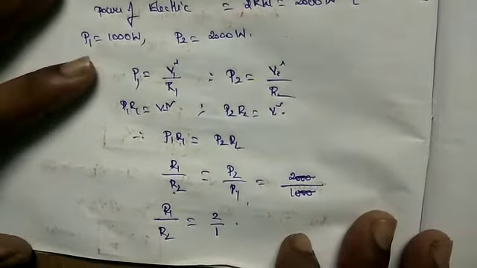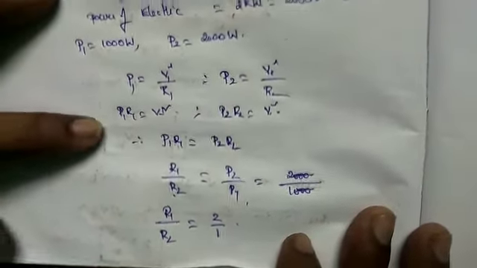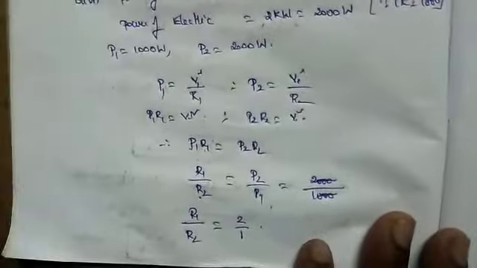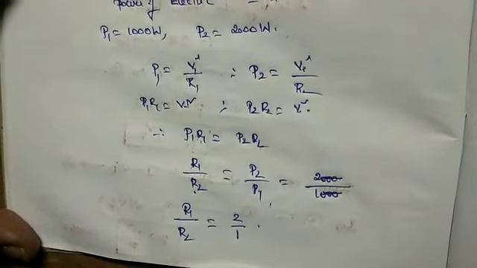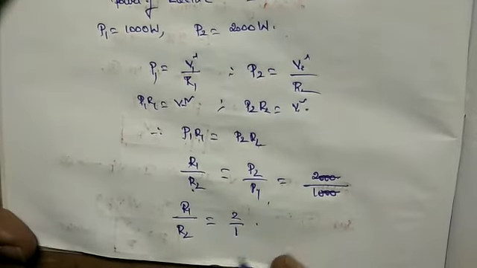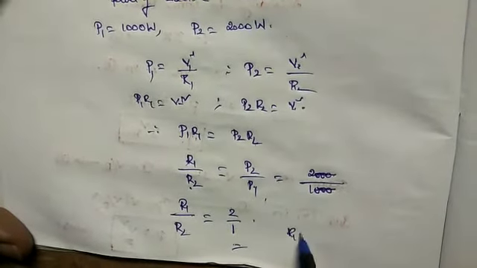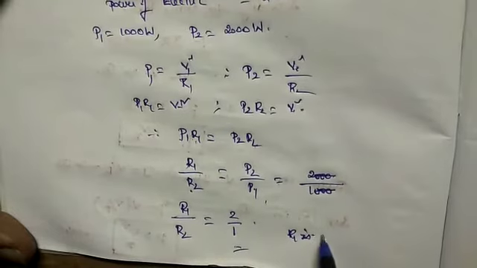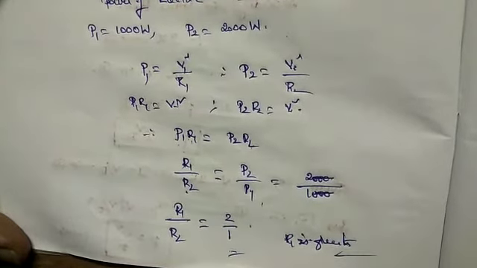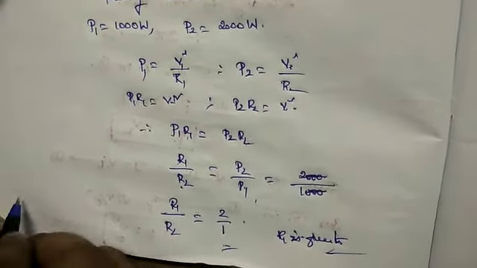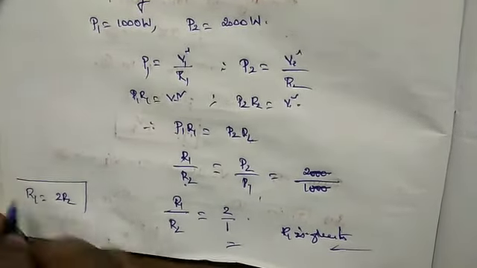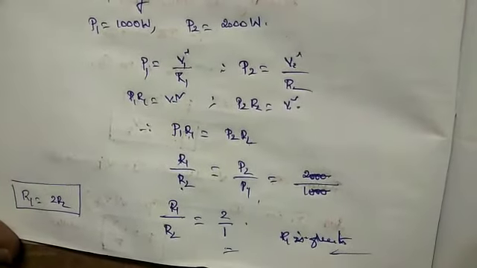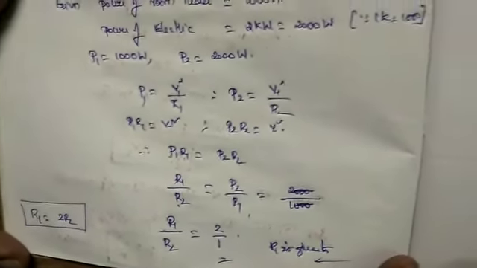So which one is the highest resistance? R1 is the highest resistance. R1 is equal to 2 R2, two times the resistance R2. That's why R1 is the greater resistance. Clear?